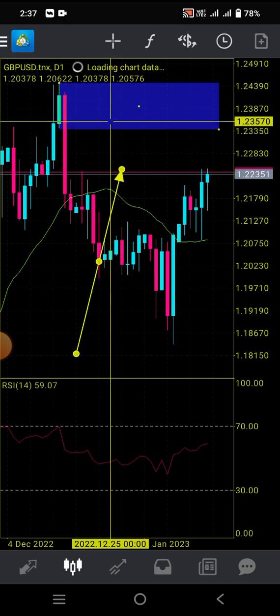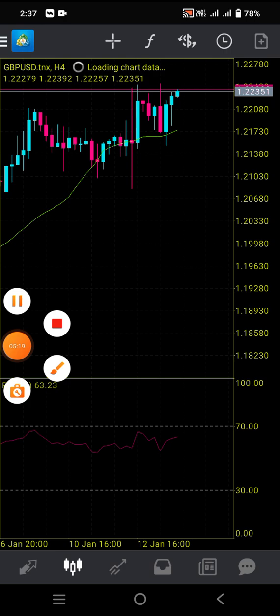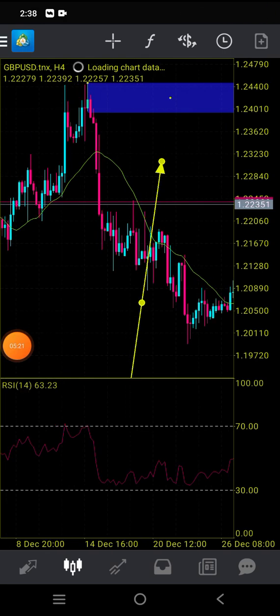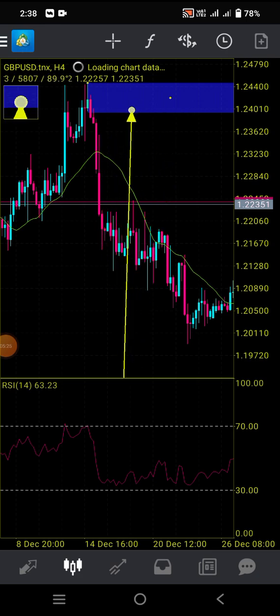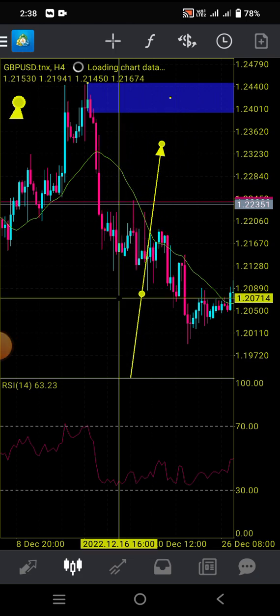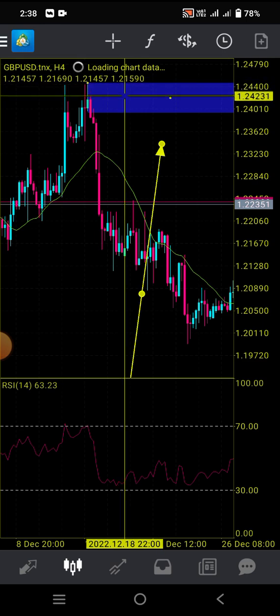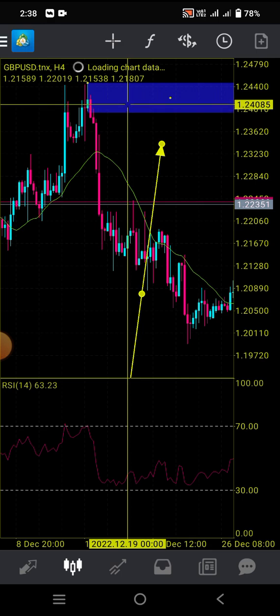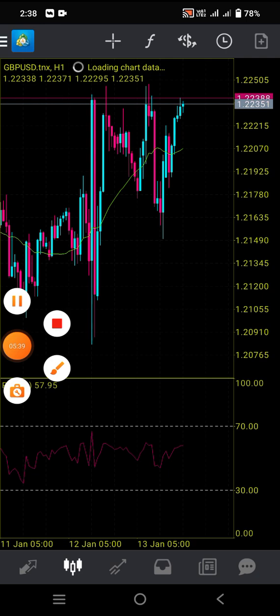Now go to H4. Friends, as you can see, this 100 pip zone in the H4 time frame is a little bit smaller. Now this zone is only a 50 pip zone. Now go to H1 for more small.